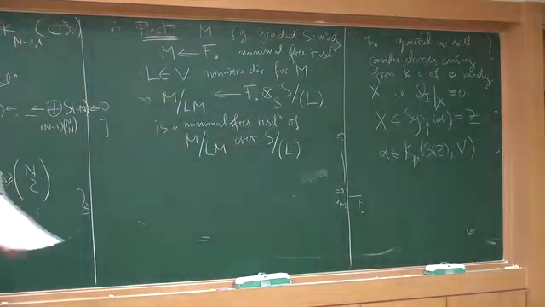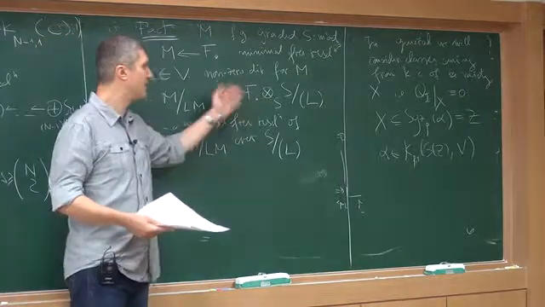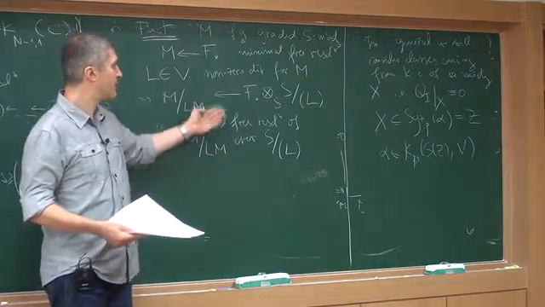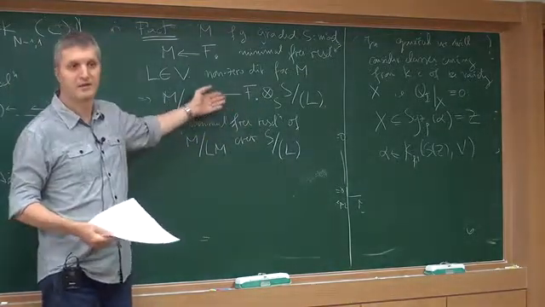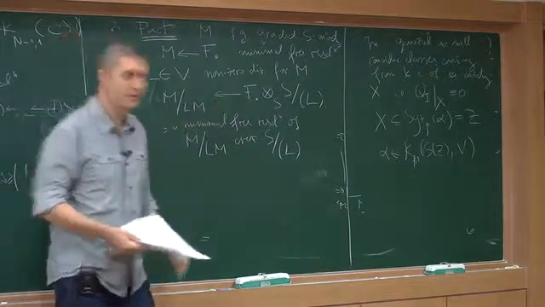So the fact that this is non-zero ensures that this is exact when you twist.